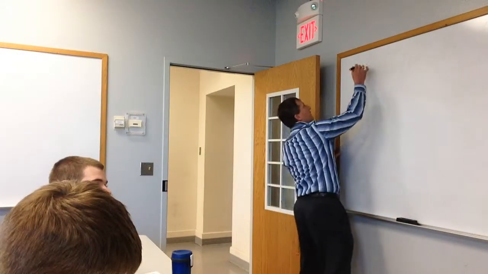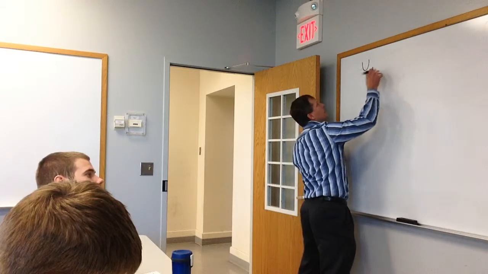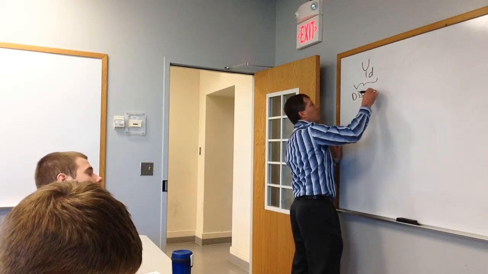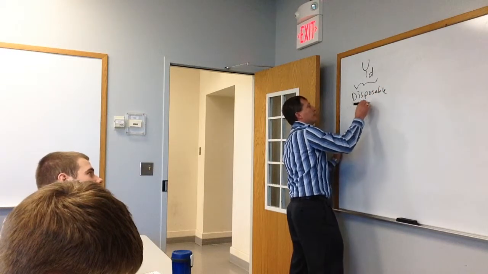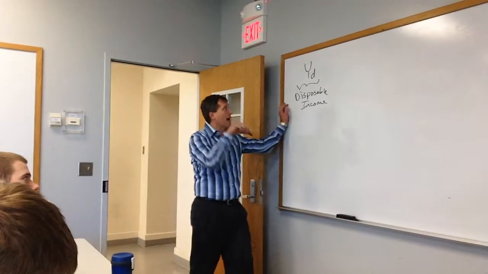And so we've got a new thing here, Y subscript D, our disposable income, is income after tax.